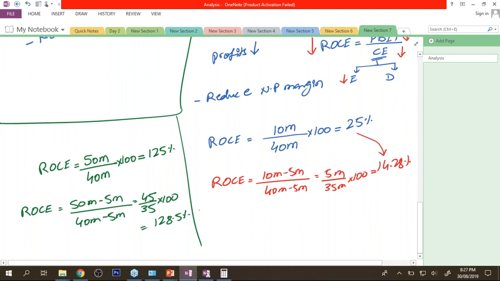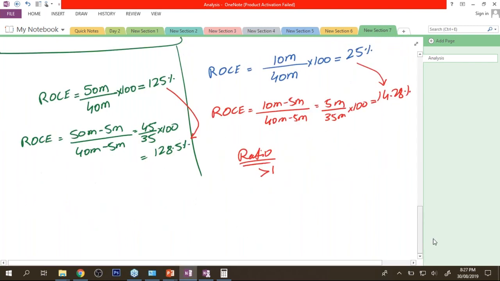So this time, the ROCE has improved. So whenever any ratio is above 1, meaning above 100%, the impact is going to be opposite, which means decrease in profits will increase the ratio.